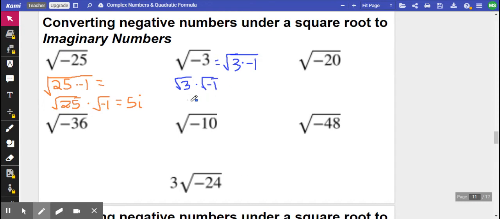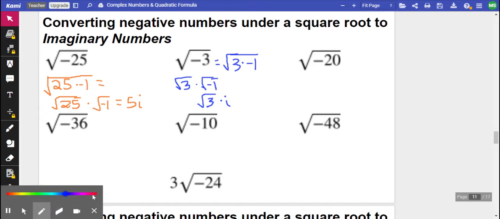And then you end up with basically the square root of 3 times i. Important to note that you make sure you're careful when looking at a problem and seeing what the square root is over and what it's not over. This isn't the square root of 3 times i. It's the square root of 3 by itself times i afterwards.